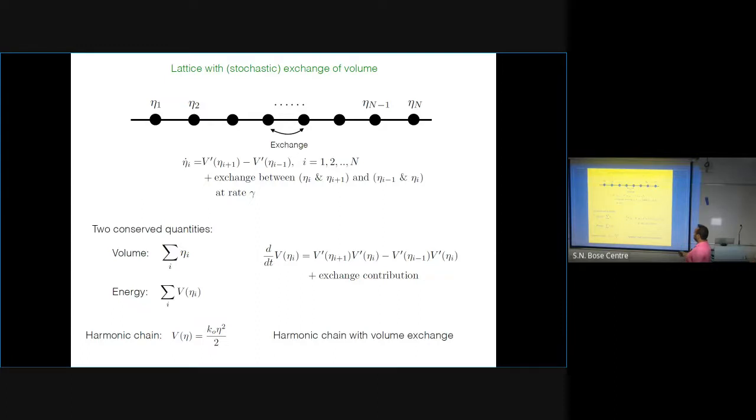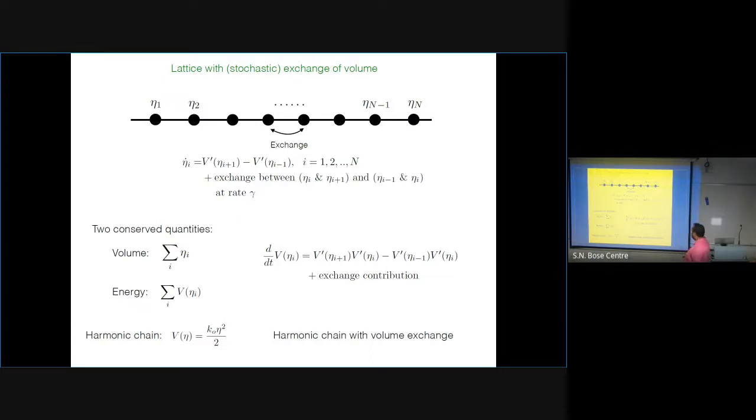So at each site you have a harmonic potential, and this variable is in that harmonic potential, and the dynamics is this: eta_i dot is equal to V prime of eta_{i+1} minus V prime of eta_{i-1}. You see that there is already an asymmetry in space. So that's why you will not see both sides diverging from the symmetric temperature profile. And also you see only one mode which is moving.